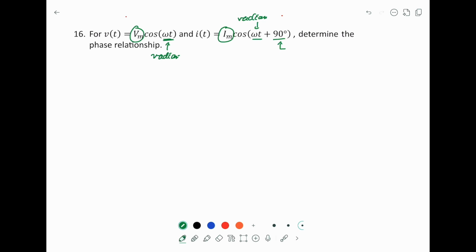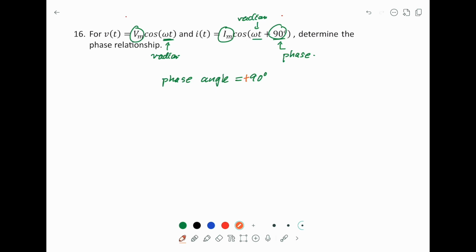Now we call this the phase angle. It tells you which function appears earlier or which appears later. So the phase angle is 90 degrees. Remember, this is positive 90.